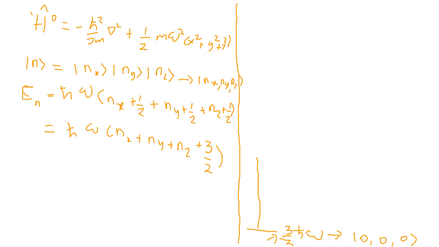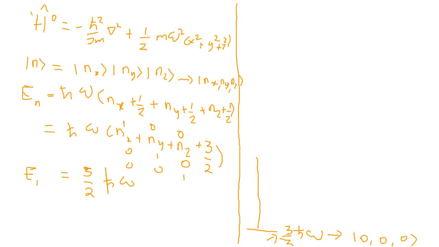will have energy, I think, 5/2 h bar omega. This 5/2 you get either by setting n_x to be 1 with the others 0, 0, or you have 0, 1, 0, or 0, 0, 1.